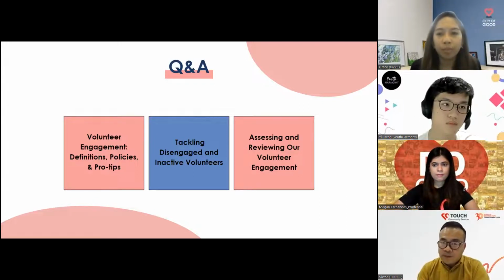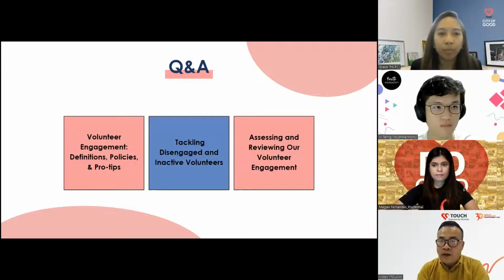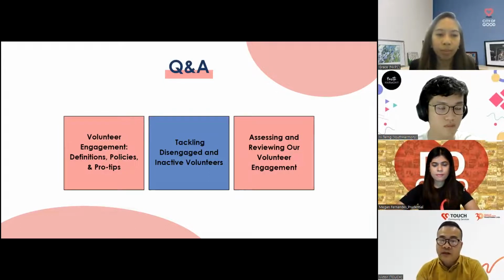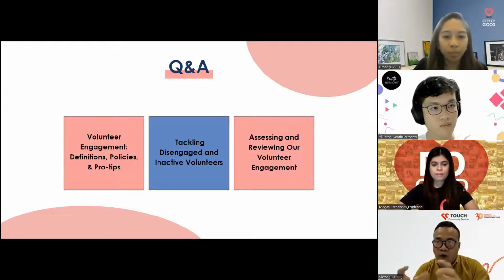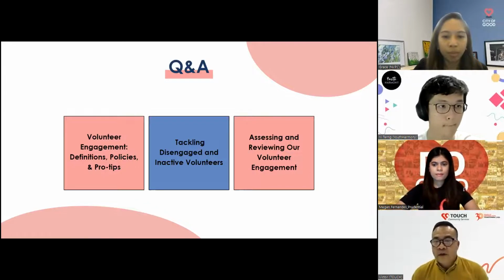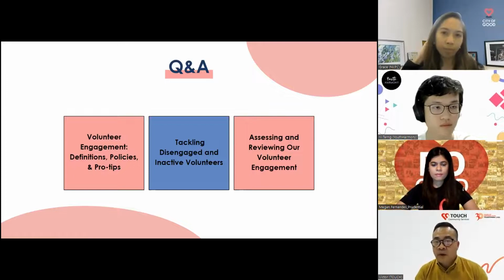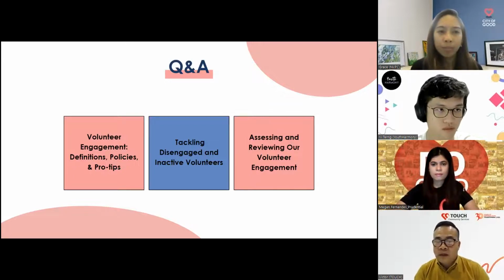That is where you ask them whether they would like to, and that's how you groom them so that you can grow your pool of volunteers. Because we all know that we have limited resources in an NPO, and volunteers do play a critical part in our service delivery, and in helping us ensure that our clients are being taken care of.